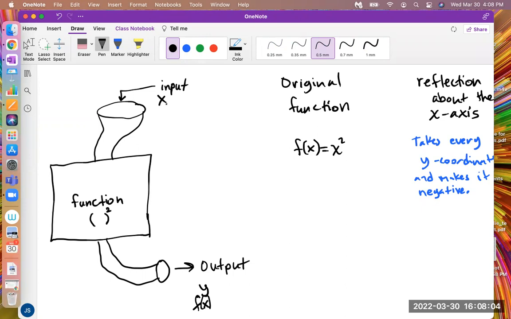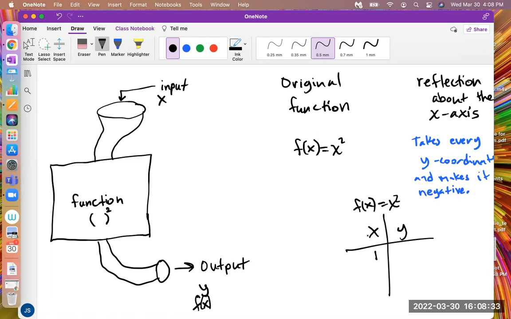When I make the y coordinates negative, is that an input or an output that I'm making negative? Well, back to our old table, you plug in the x, and it gives you a corresponding y value, when we do a little table for a function like f of x equals x squared.